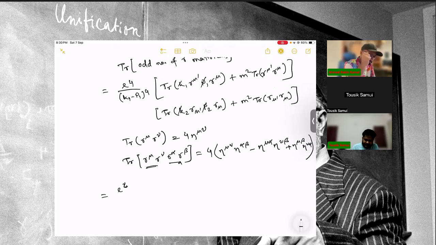It would be e to the power 4, minus p1 e to the power 4.